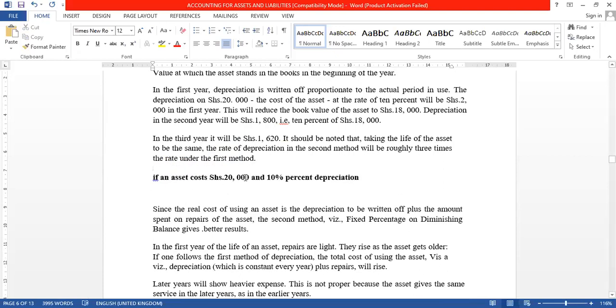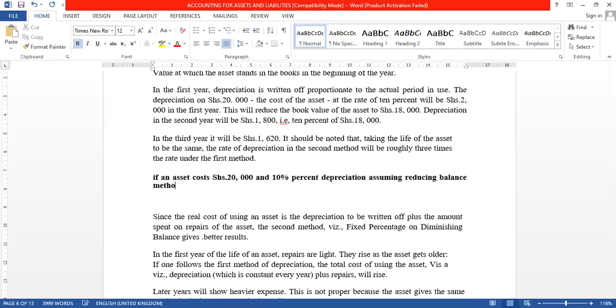If an asset costs 20,000 and 10% depreciation, assuming a reducing balance method of depreciation, the workings will be as follows.